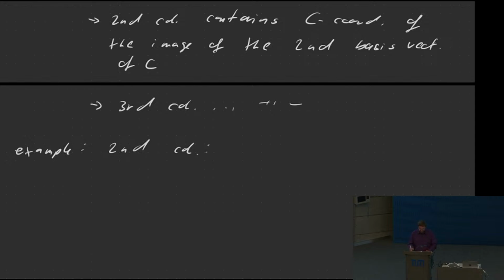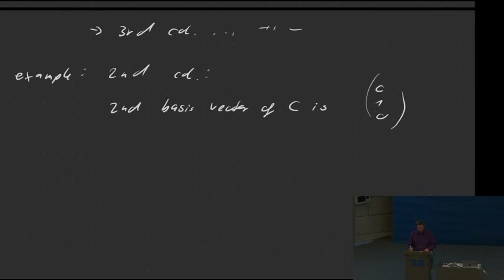All right, so that second column. Now remember, we want the second basis vector of C, right? Second basis vector of C, that is 0, 1, 0. We want to compute the image of that.